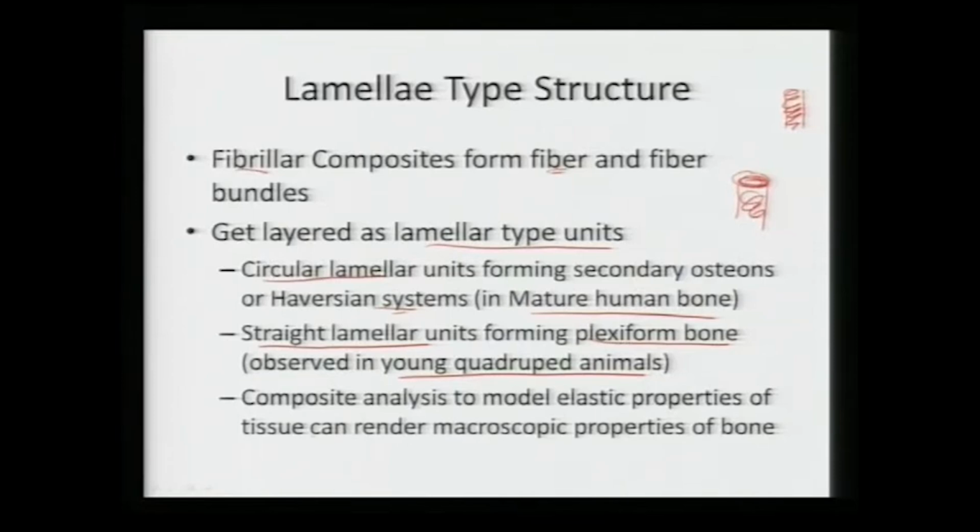And now this particular structure is enough to predict the overall macro properties of the bone. Initially, in the previous case, we had a particular arrangement of collagen and HAP, so from the volume percent we can estimate the overall mechanical properties.